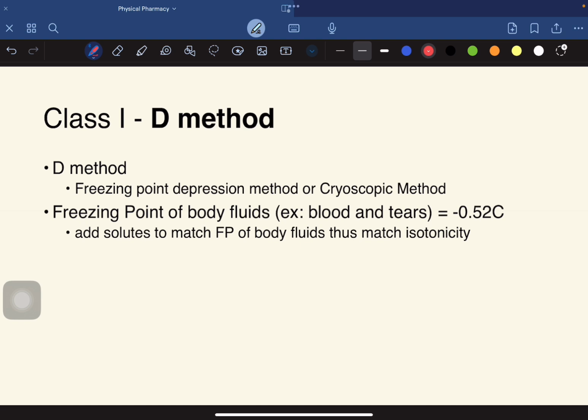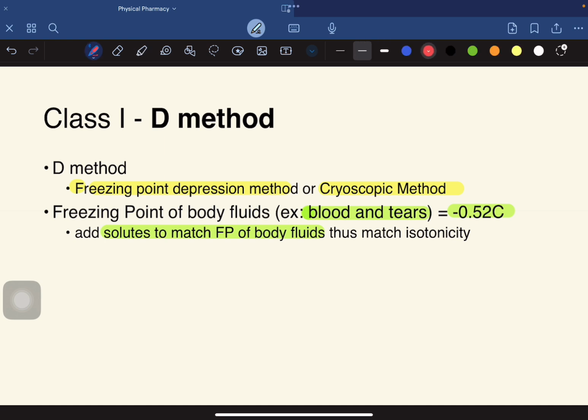So your D method is your freezing point depression method or also known as cryoscopic method. Kasi yung basis for adjusting the tonicity ay yung freezing point sa dugo at luha natin, which is negative 0.52 degrees Celsius. So for this, we will add solutes to match the freezing point of body fluids. Therefore, magmatch na din yung tonicity.